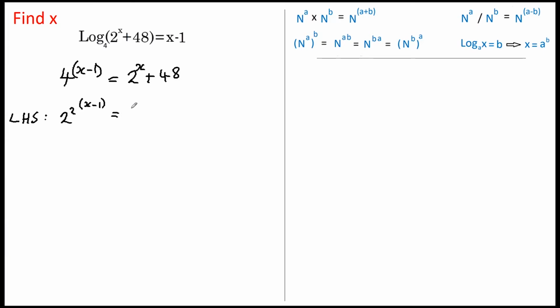So this becomes 2 to the 2 times x minus 1, which when expanded out becomes 2 to the 2x less 2.